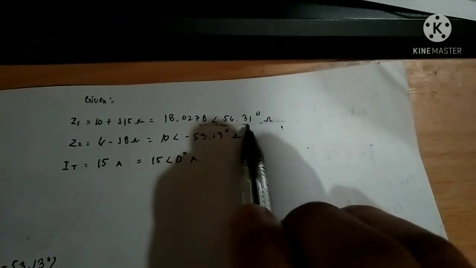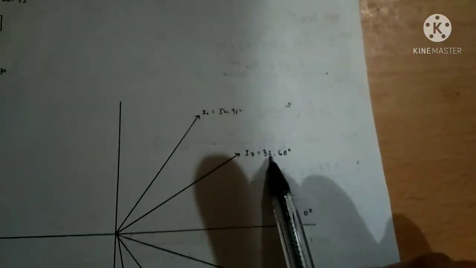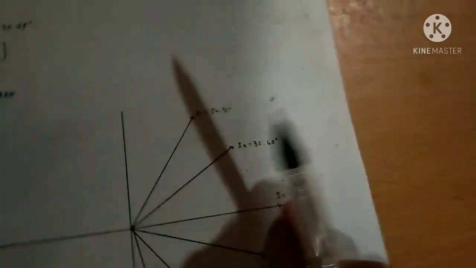So that is the direction of the Z1, and this 32.68 is the I2. So our I2 is 32.68. The I total is 15 angle 0 degrees, so it's 0 degrees.